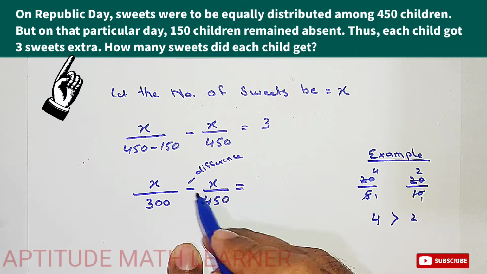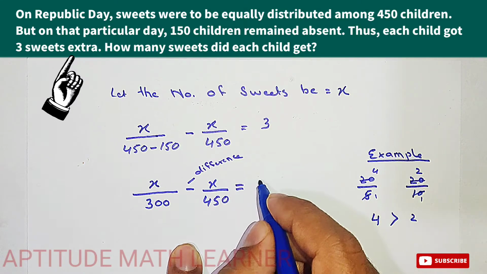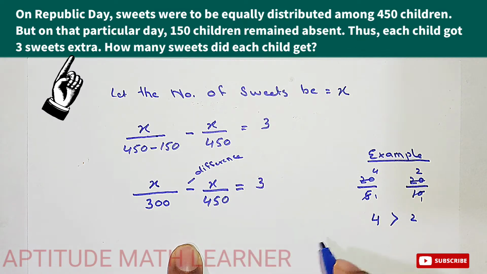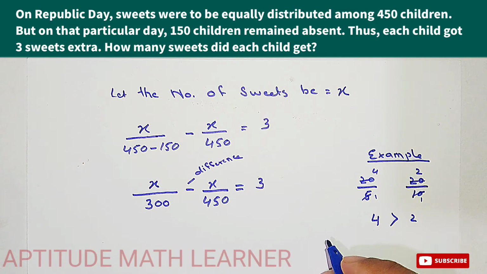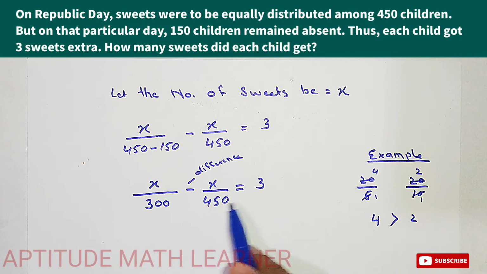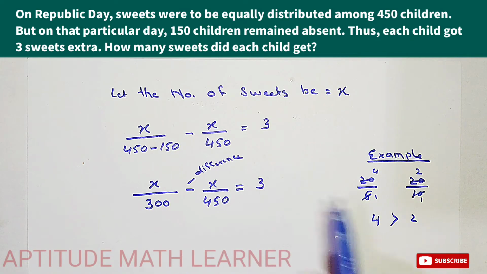The difference now is that 3 sweets will be distributed among each student extra. I hope you have completely understood this, so the difference is 3. I hope it is clear to all of you.